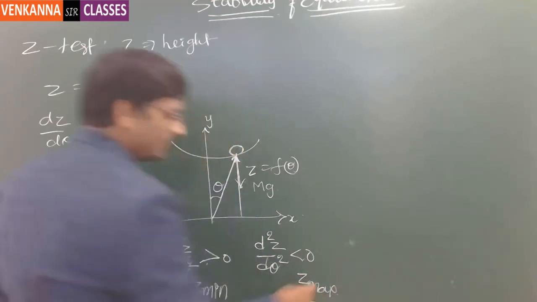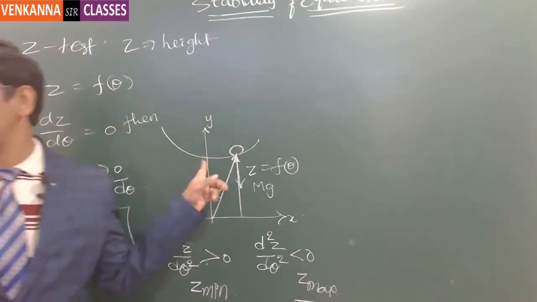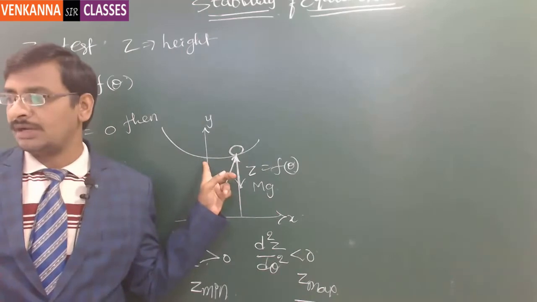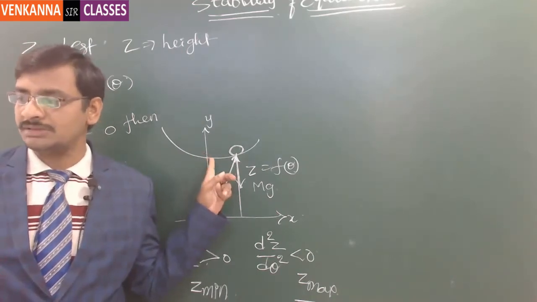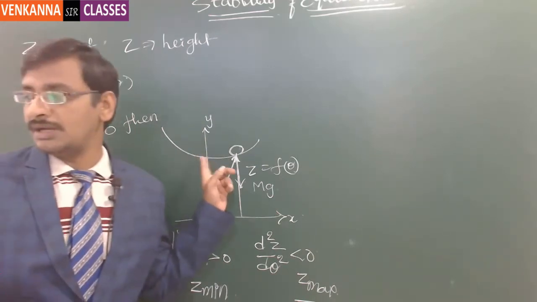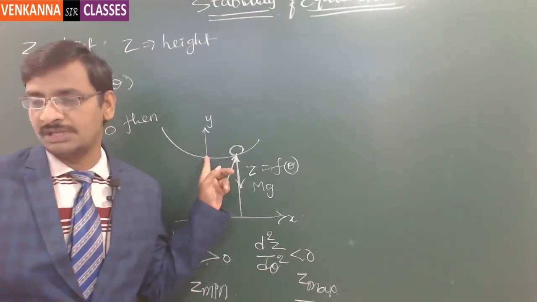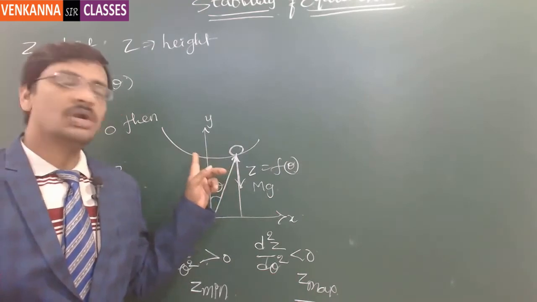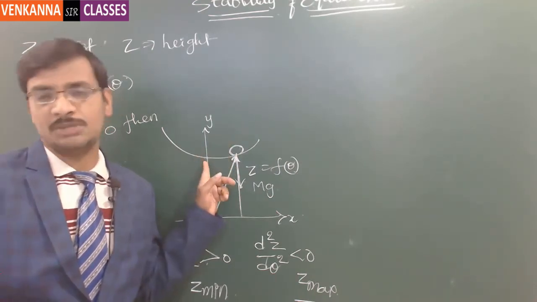Now suppose the body is at this location, it is stable. Sorry, the body is under equilibrium condition at this particular stage, and I wanted to identify whether this equilibrium is stable or not.